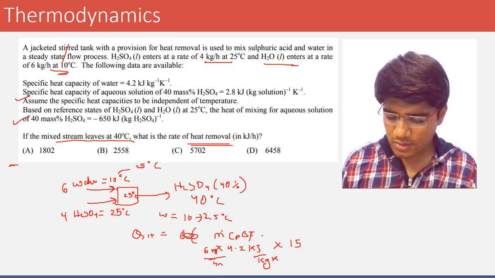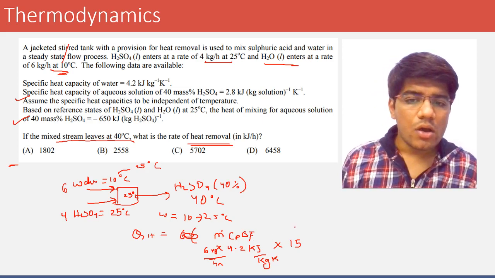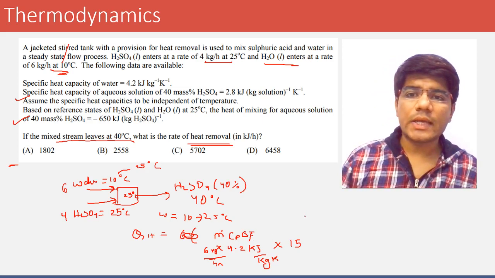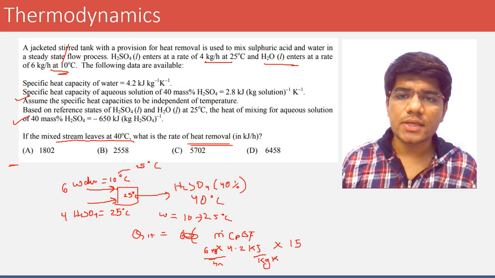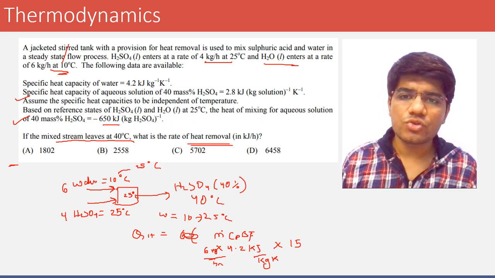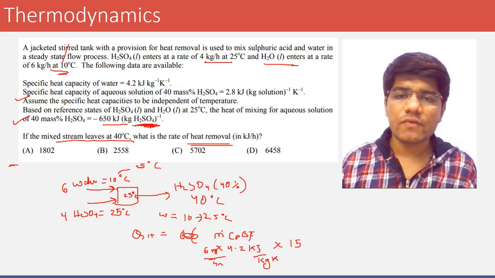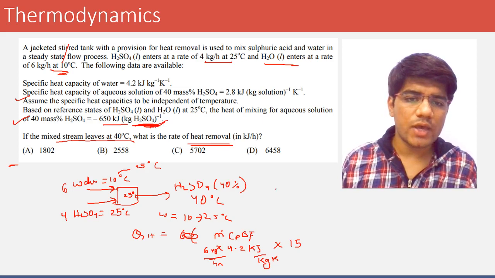Now this is for water. The water has reached 25 degrees Celsius. So there is a heat of mixing, that is minus 650 kilojoule per kg of H2SO4. This is important, see the unit, per kg of H2SO4.